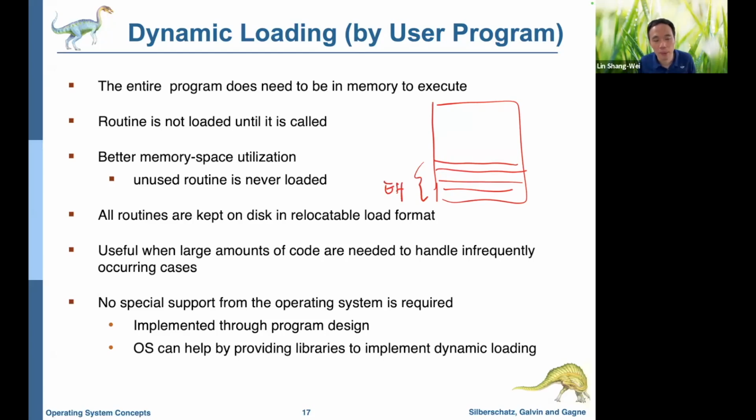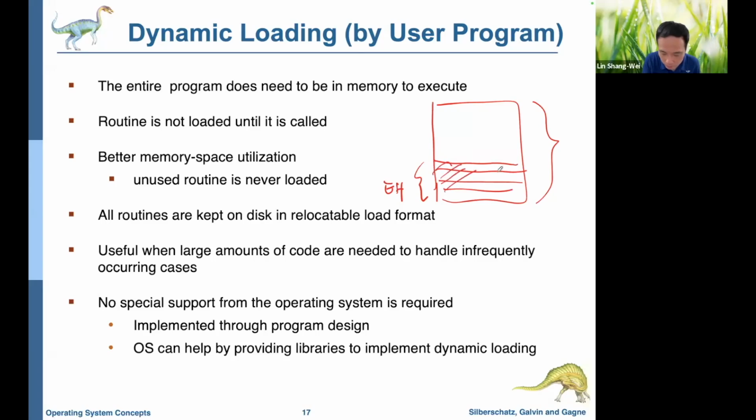But let's say in the real case, the user inputs the data correctly, so this error handler is never used. In this case it would be a waste to load the whole program into memory.